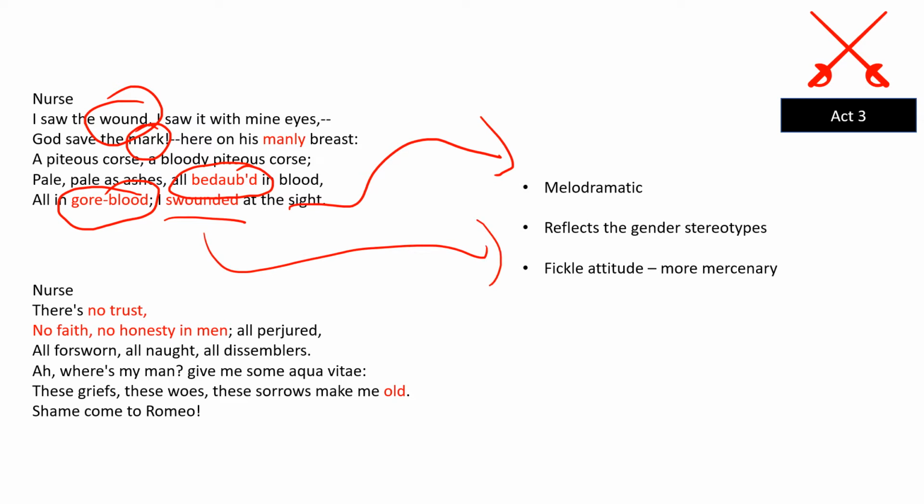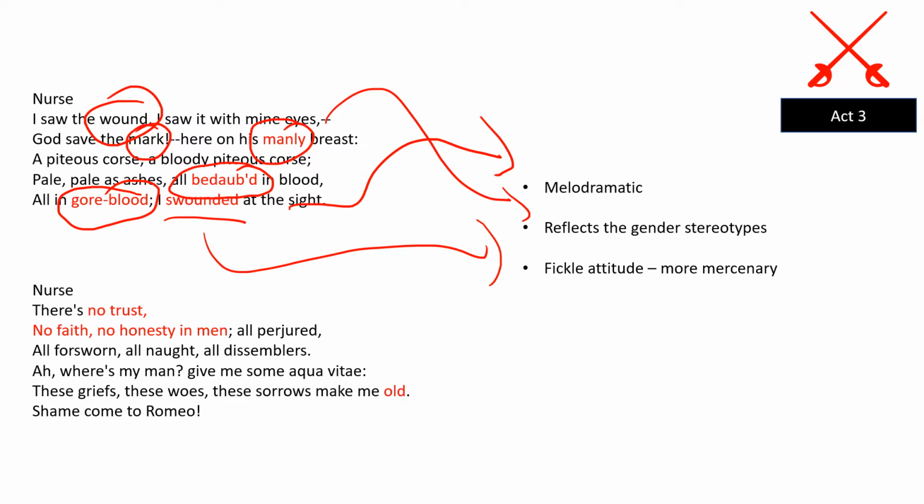But you know, she describes the manly breast, and you can see that even though she's quite a modernish character and being quite open and honest and quite strong, in this situation, she tends to follow a stereotypical gender stereotype in that she describes the man as manly, yet she faints at the sight of blood. And so it raises an interesting question here about, is she a strong character or is she just pretending to be a strong character for the scene?